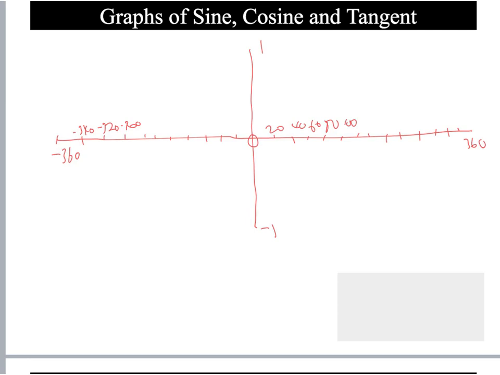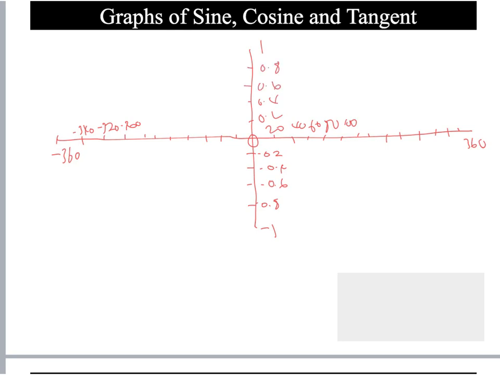And then you probably want to go up in 0.2s up and down, so you have -0.2, -0.4, -0.6, -0.8, and up 0.2, 0.4, 0.6, and 0.8.